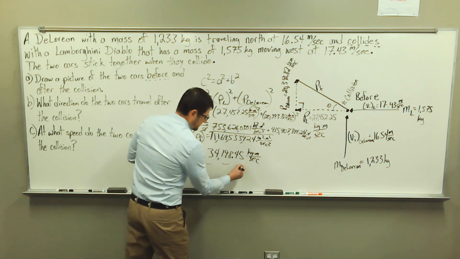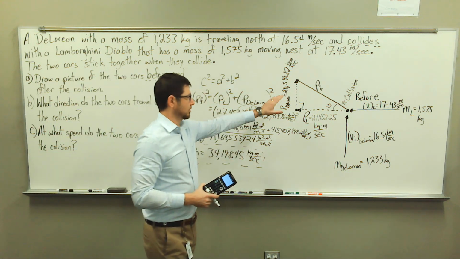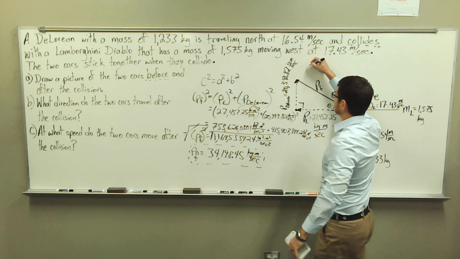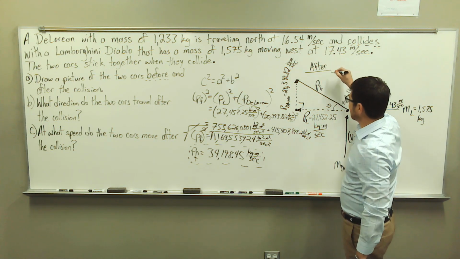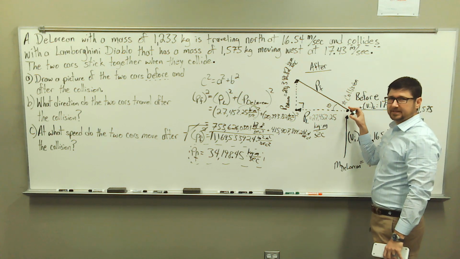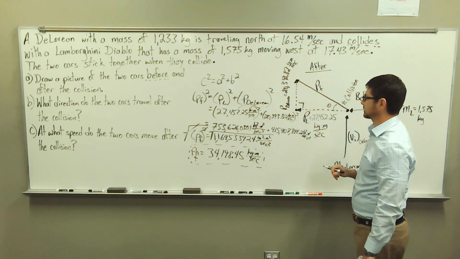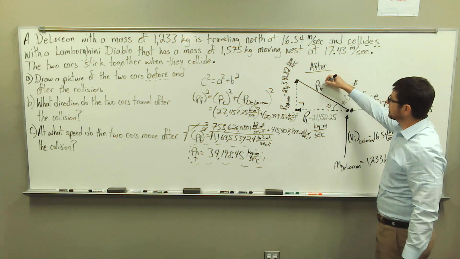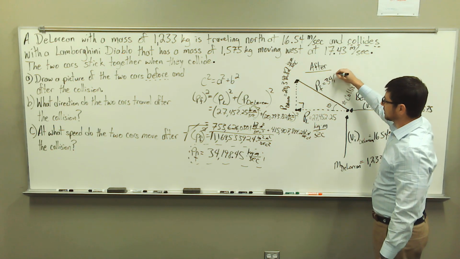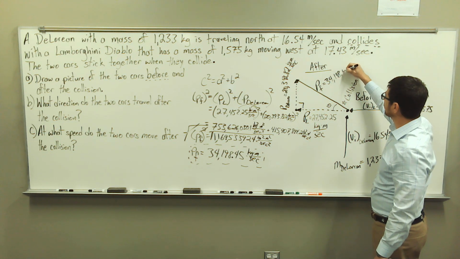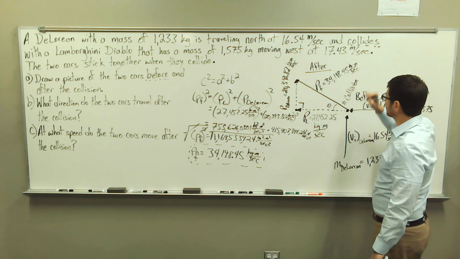So this is the final momentum of the system. Right over here we've drawn, and I should label this, this is after the collision. The two vehicles are stuck together and they're sliding in this direction. So P sub F is 34,198.45 kilogram meter per second.